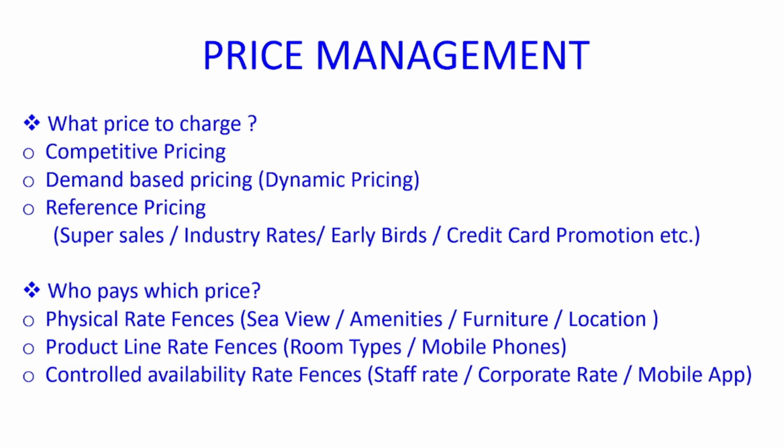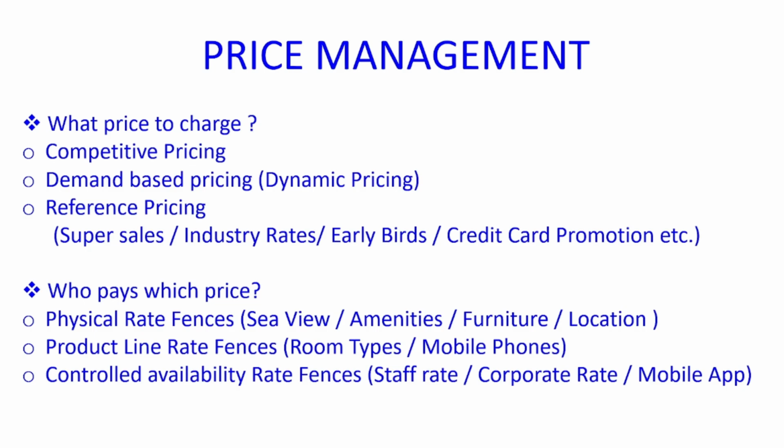A typical example is corporate rate. The client makes a contract from now until next year, and that client has this rate, which is only applicable to that client. So we are giving controlled availability to the certain client.